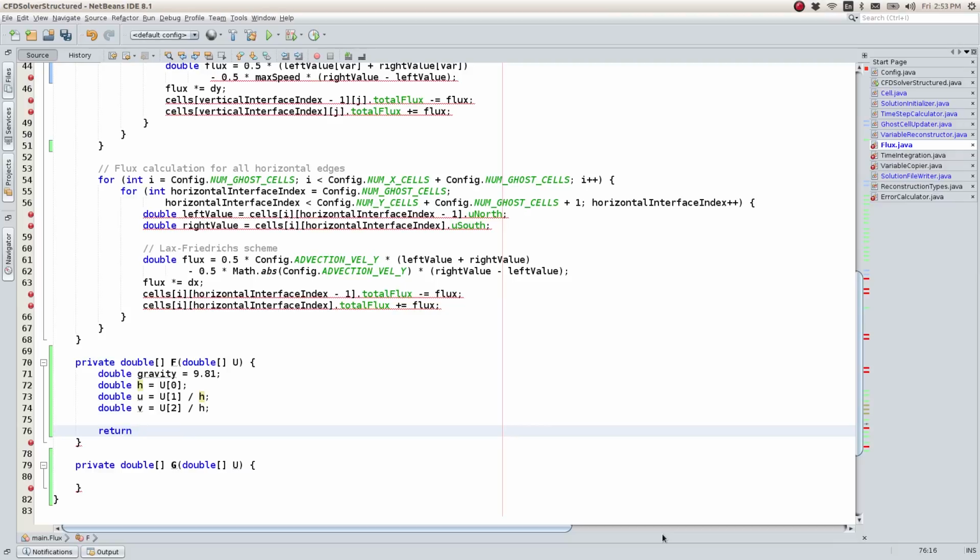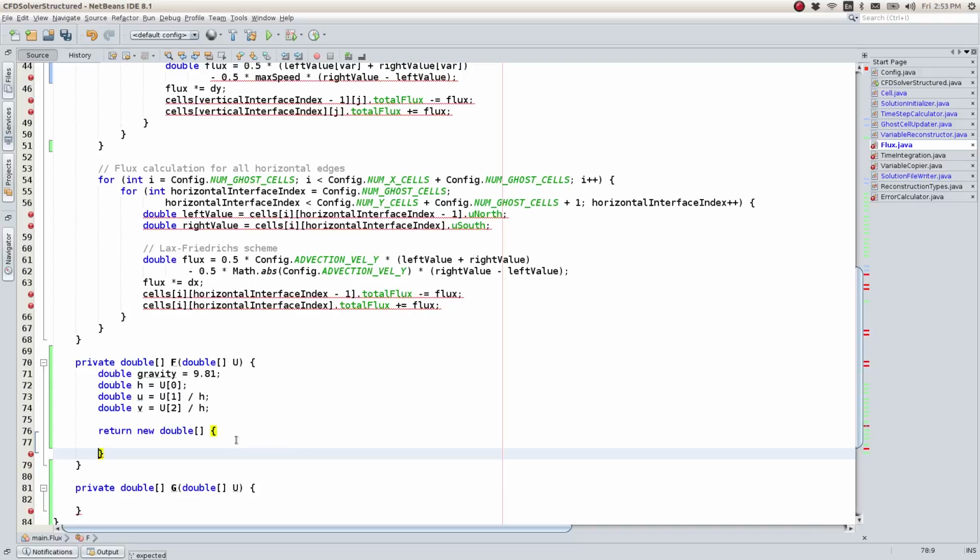And I can return a new array, and I'll put all the values right over here.